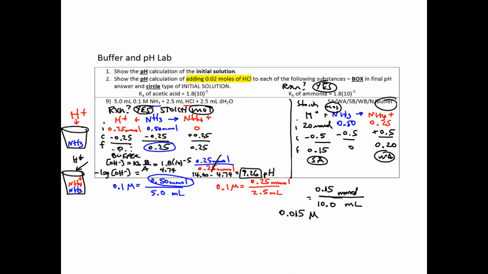And then we're going to take the negative log of 0.015, and we get 1.82. 1.82 is the pH, and that'll be the final pH. So when you're all done, quick sketch: H plus, and a little bit of NH4 plus, which is insignificant for H pluses.